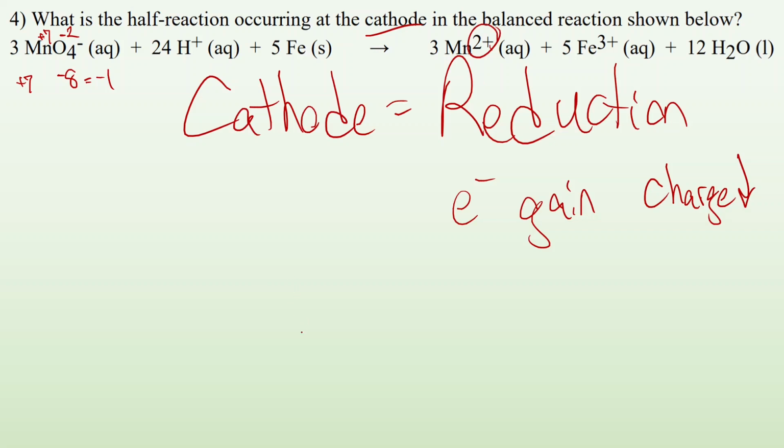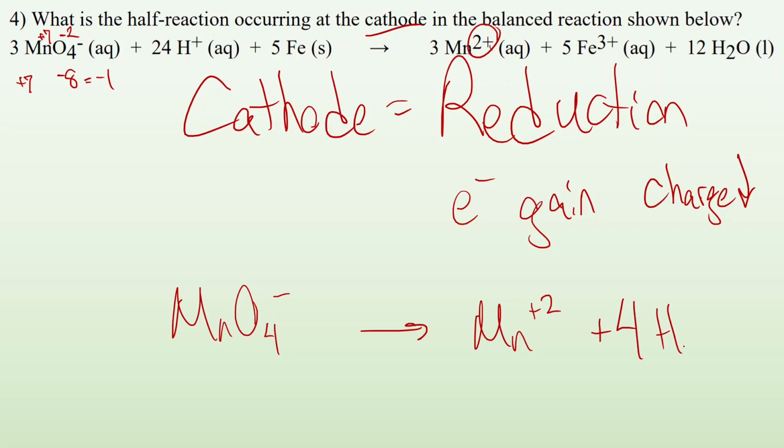So now I've got to figure out what the actual half reaction is. I go, all right, MnO4- becomes Mn2+. So remember the whole process of balancing half reactions. Balance everything that's not hydrogen and oxygen. Check, there's one Mn on each side. Balance the oxygens by adding H2O. There's 4 on the left, so I'm going to have to add 4 H2O on the right. Now balance the hydrogens.